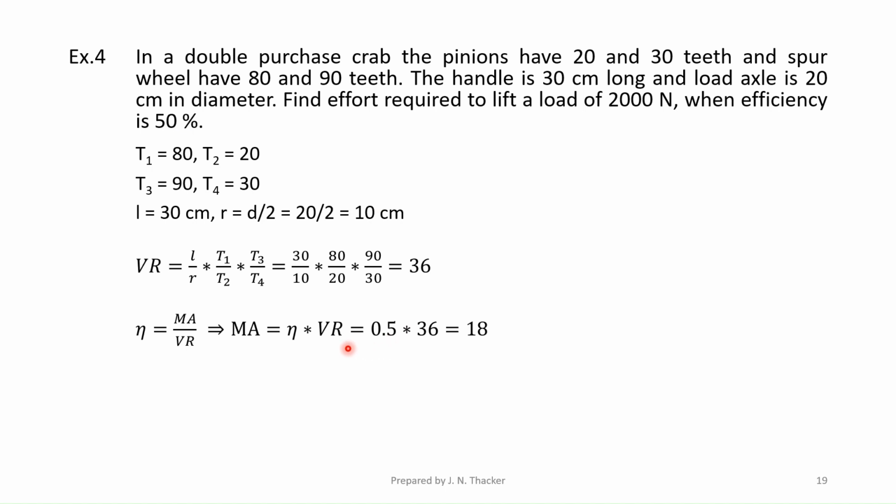So MA is 0.5 into 36, mechanical advantage is 18. Now mechanical advantage is W by P. So P is equal to W by MA. And what is the load for which we need to calculate effort? Load is 2000 Newton. So W is 2000, MA is 18. We get effort required to lift this 2000 Newton load is 111.11 Newton.